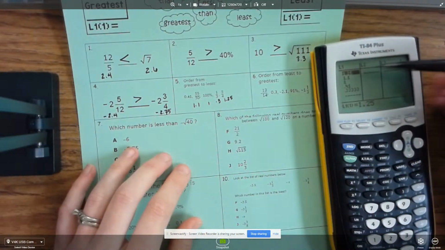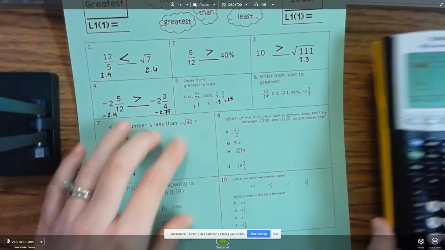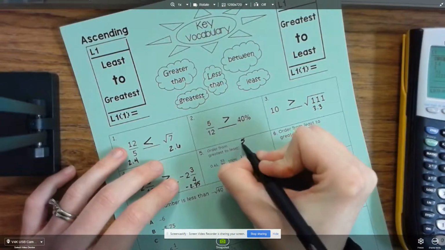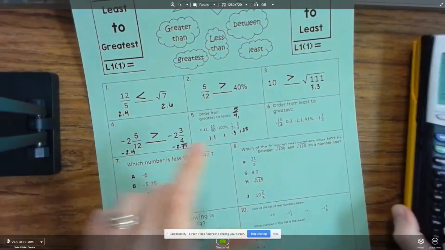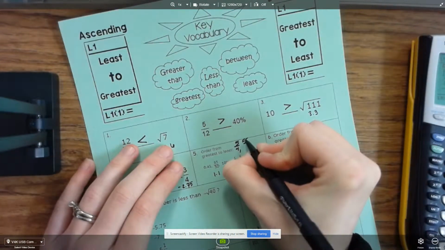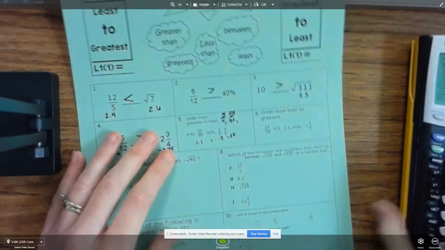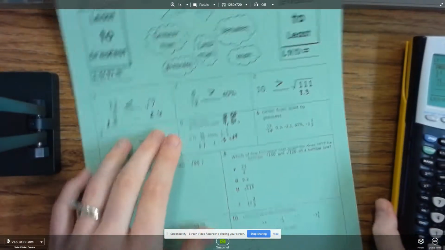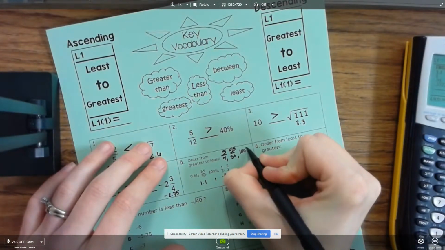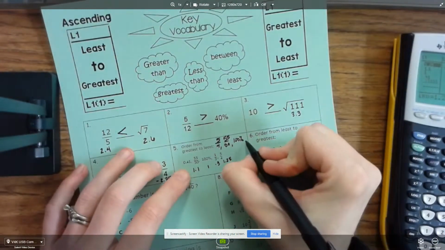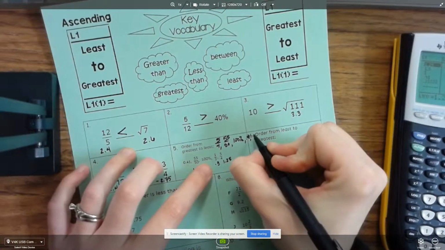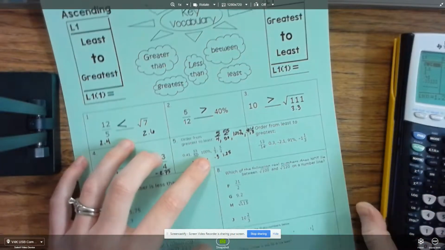It puts 1.25 first, so that's the 5/4. Then the 1.1, which is the 55 over 50. Then 1, so that's 100%. Then the 0.41. And then the 1/3. Sorry, guys, I ran out of room there.